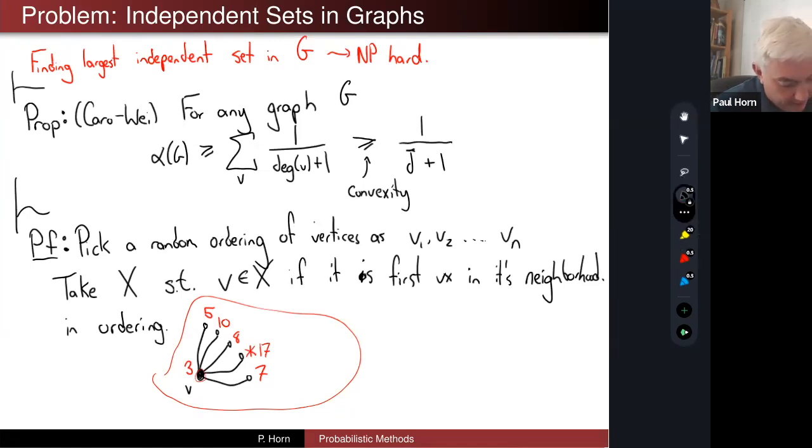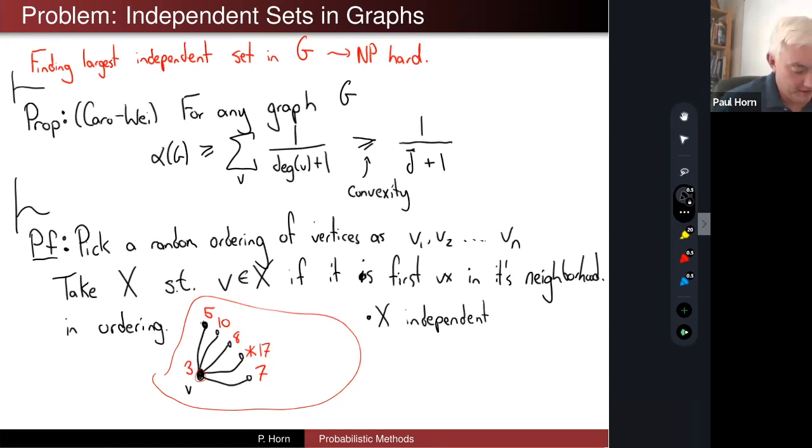And the point of this is, first off, that this X is an independent set. Because I'll never pick both a vertex and its neighbor to be in X, because I can't have both of them be the smallest.